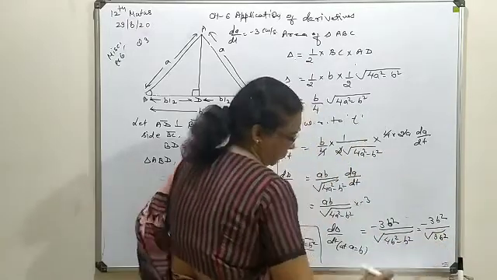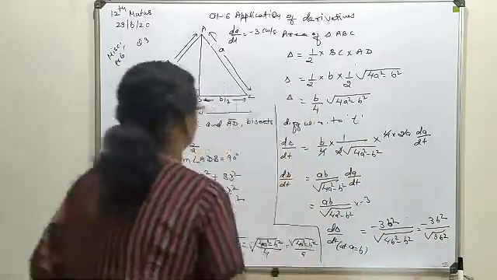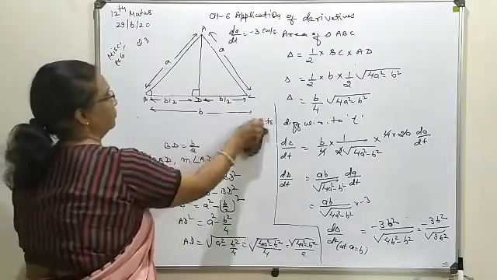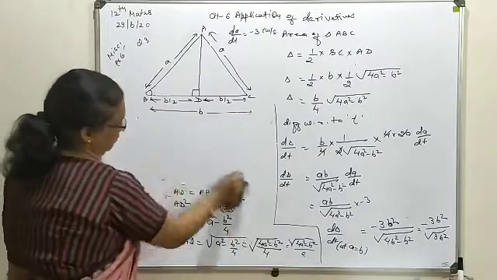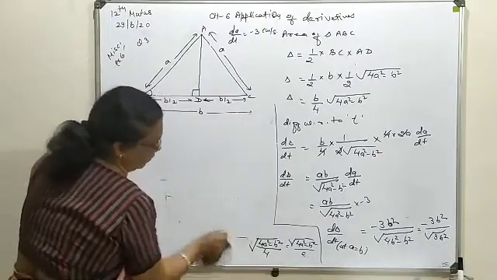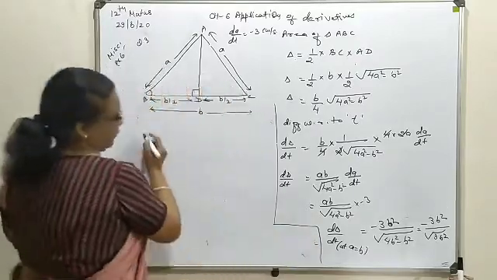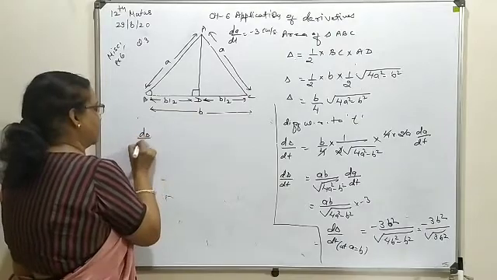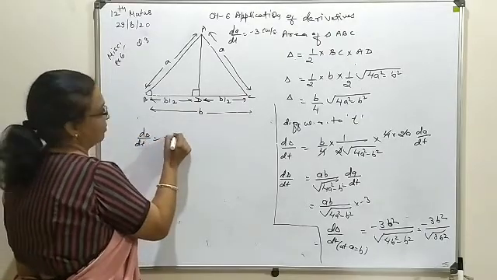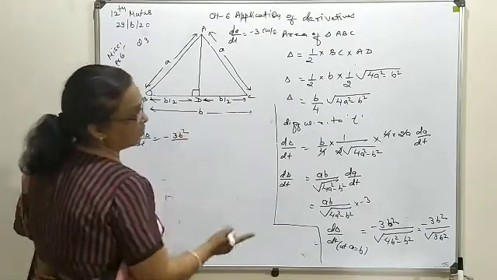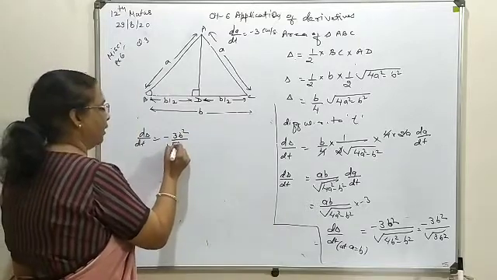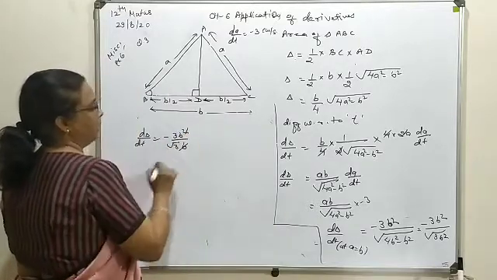From outside the square root it can be written as: this is the rate of change of your area, minus 3B square, it will be sorted out as under root 3 into B. So this B be cut.